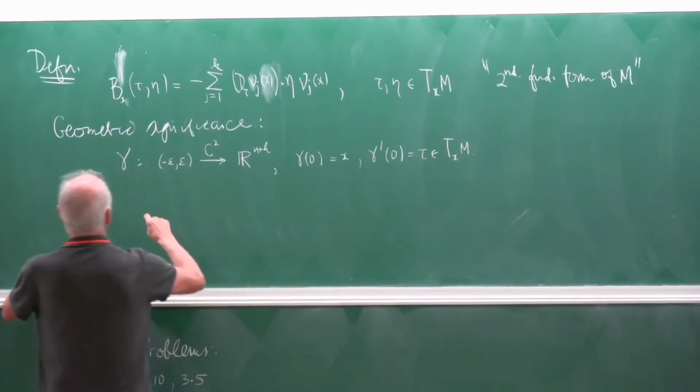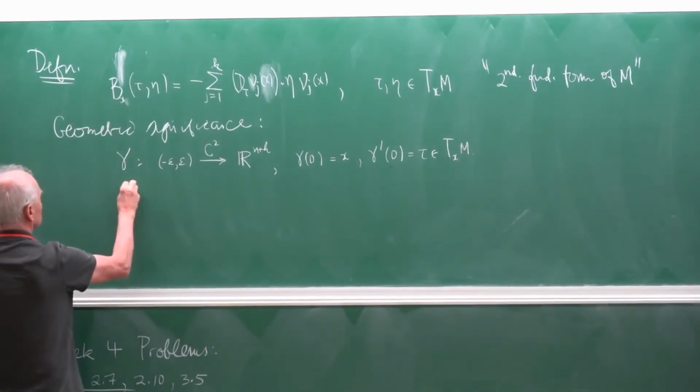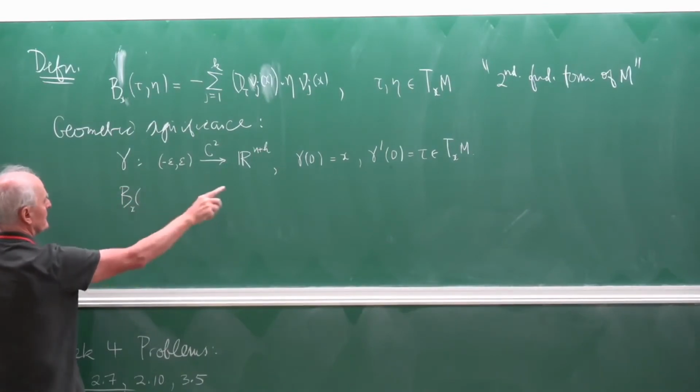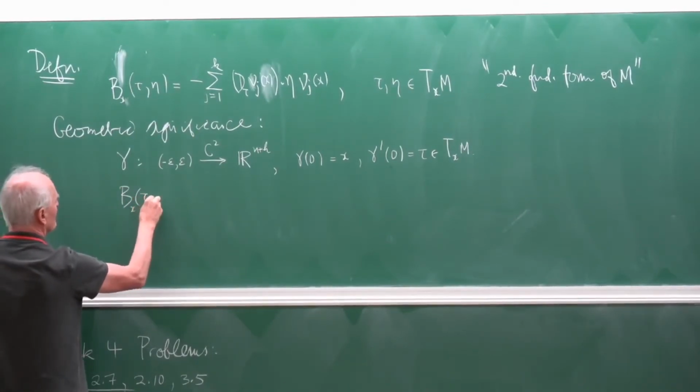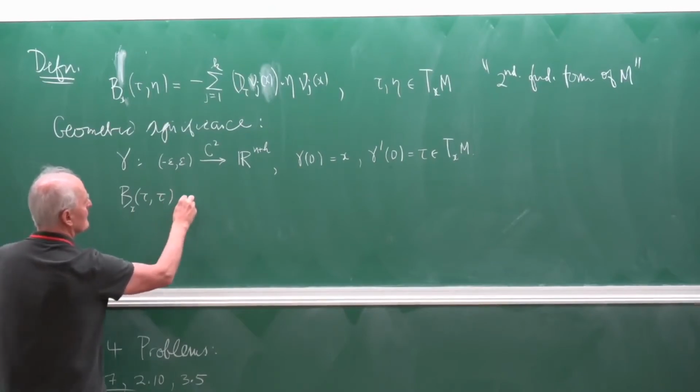And now let's talk about B_x(tau, tau) with that tau.